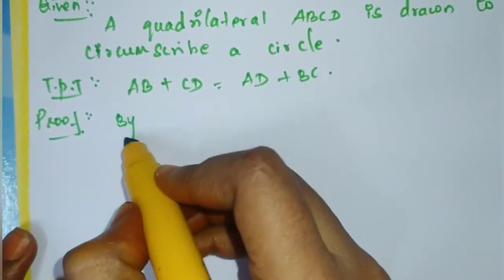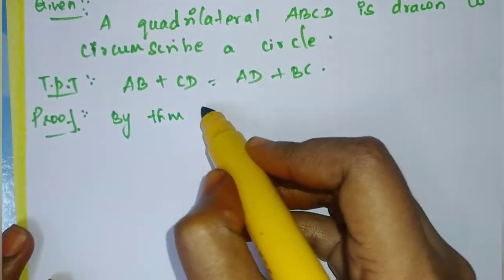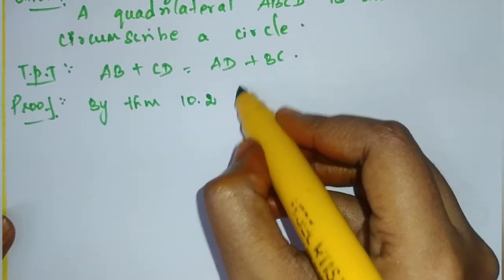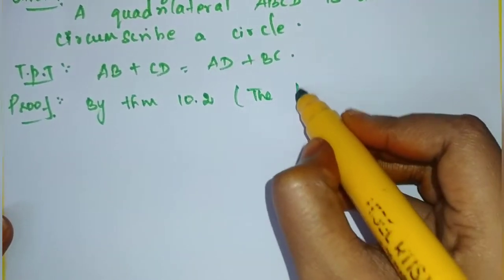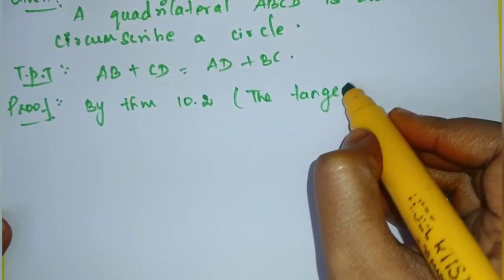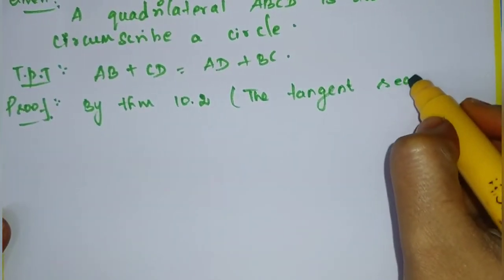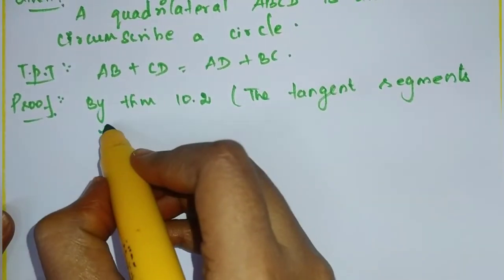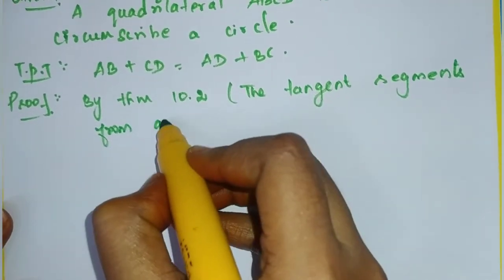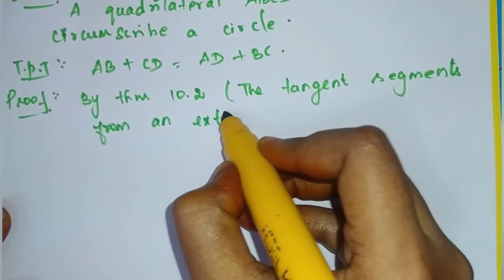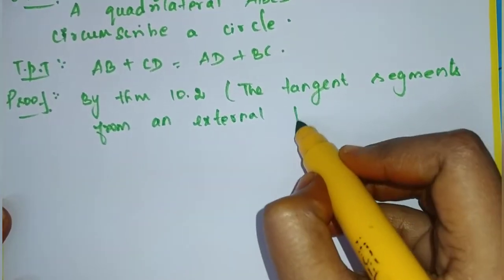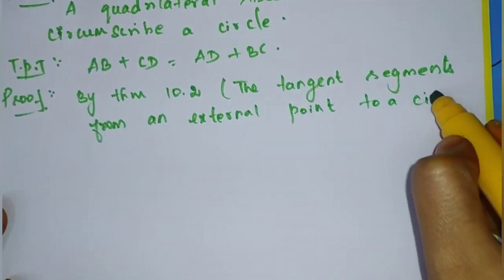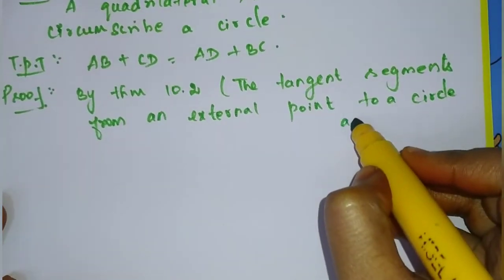So by theorem 10.2, that is the theorem that the tangent segments from an external point to a circle are equal.